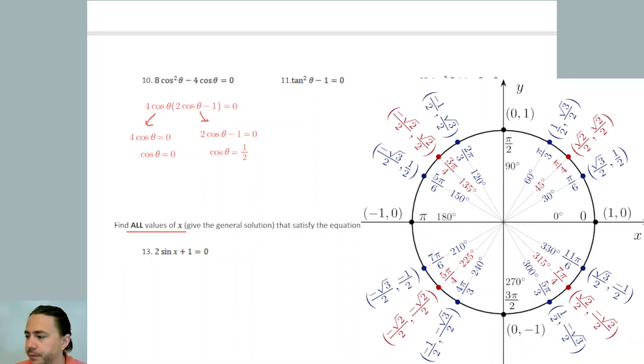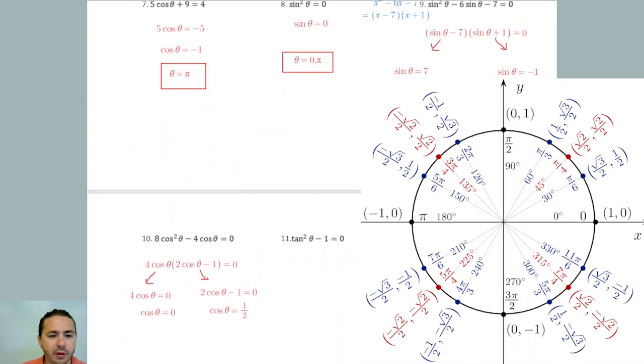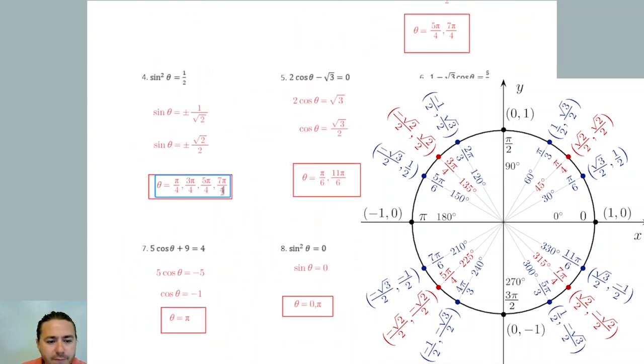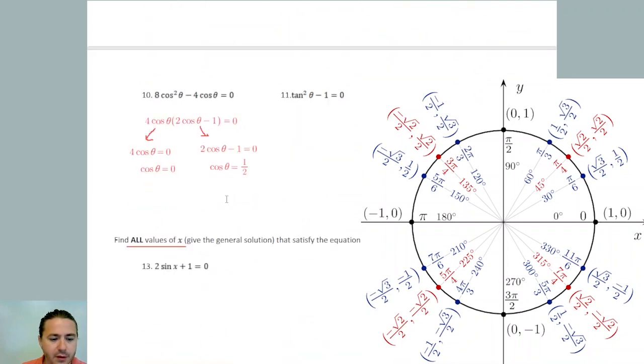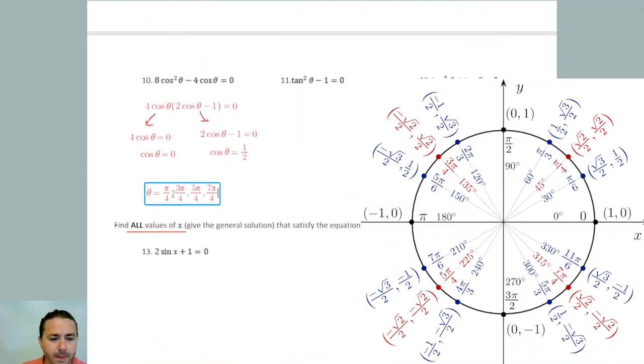So cosine, the x-coordinate, is 0 at pi over 2. Let me grab one of these. So yeah, pi over 2 and 3 pi over 2. That would be the solutions to this part.